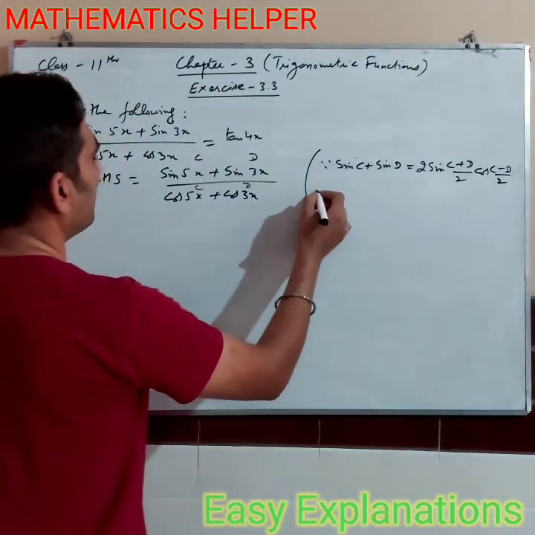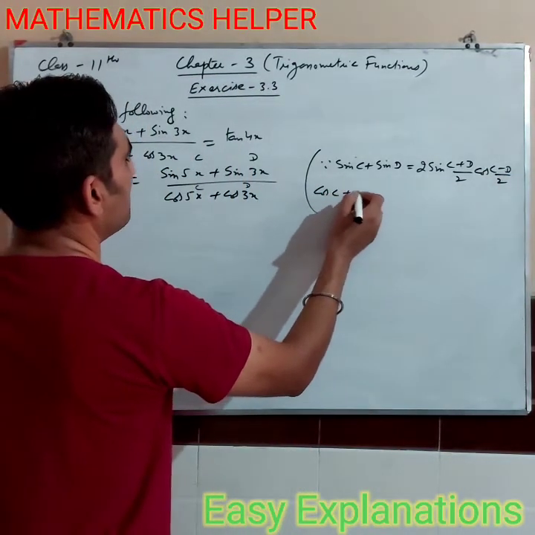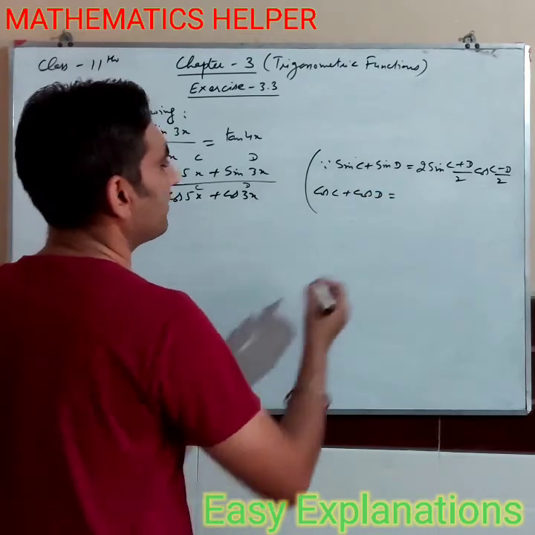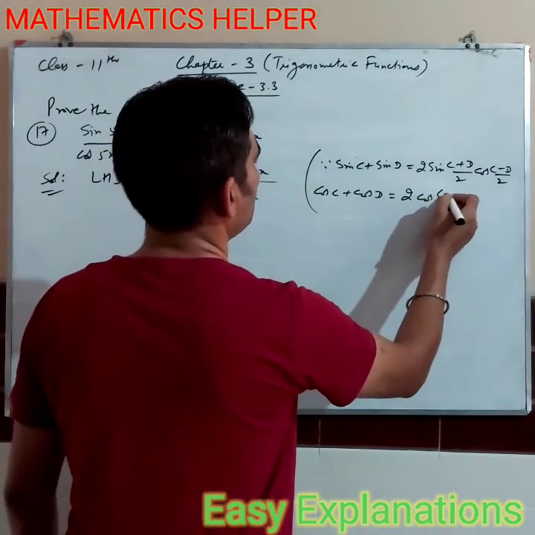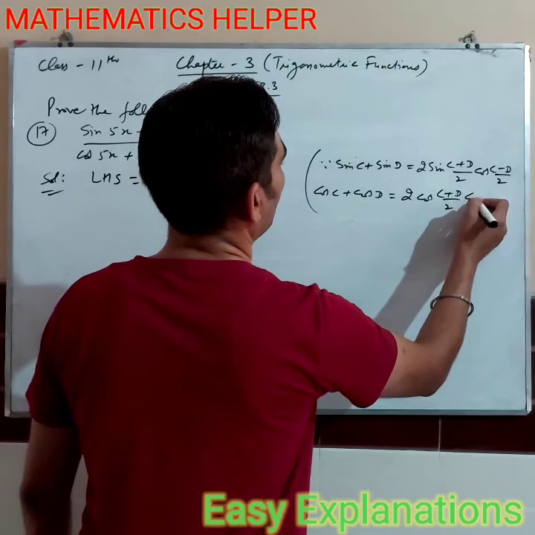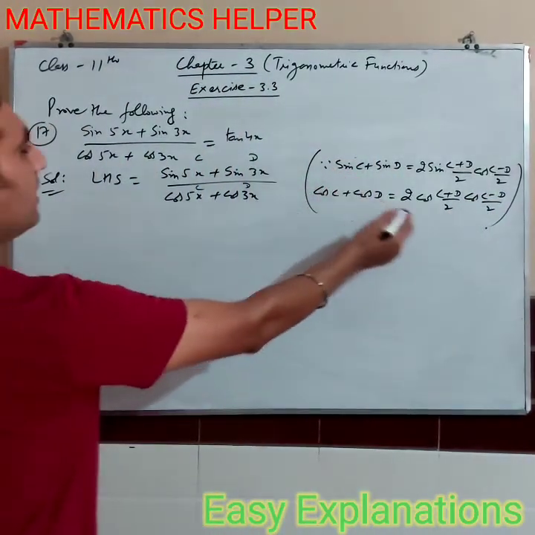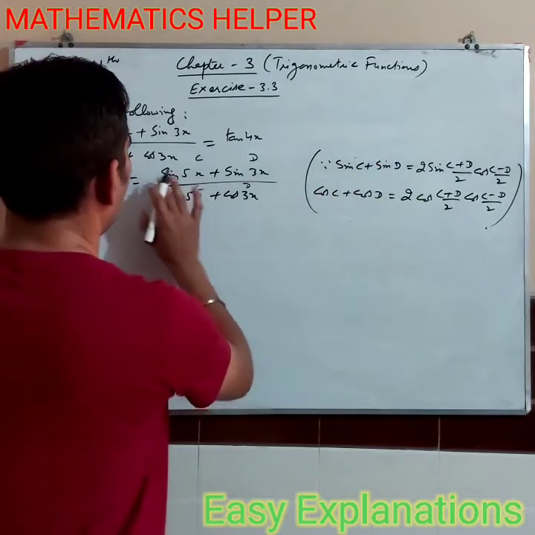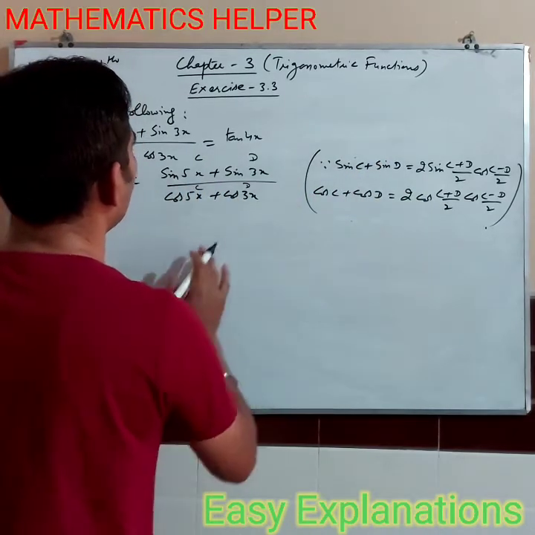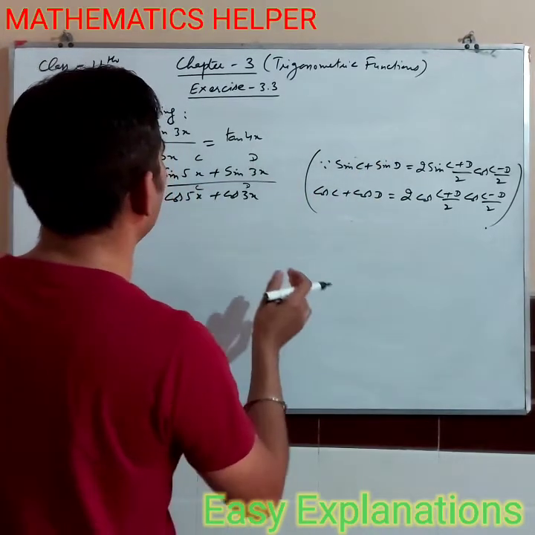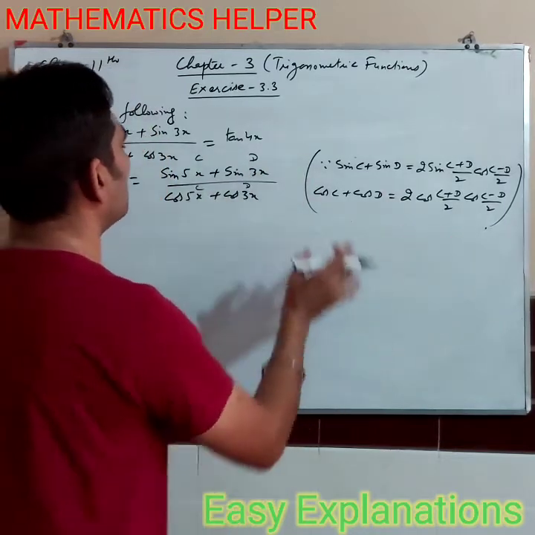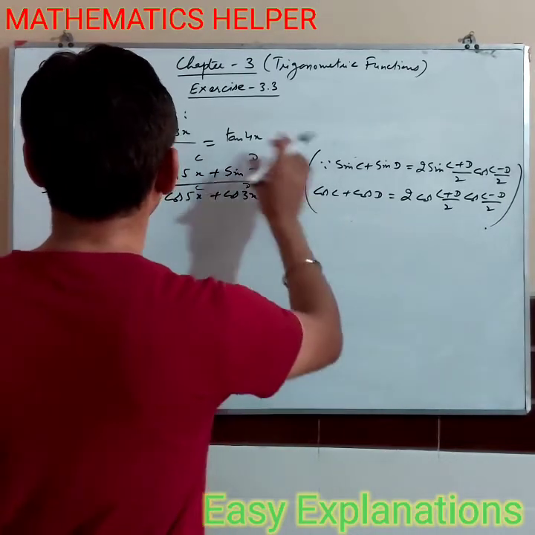And if we see the denominator, it is like cos C plus cos D, which can be written as 2 cos (C plus D) over 2 and cos (C minus D) over 2. I am not writing C and D alone here, because they vary. Numerator is having different C and D values and denominator is having different ones in some questions. So I am ignoring that. Here, by chance, they are the same.